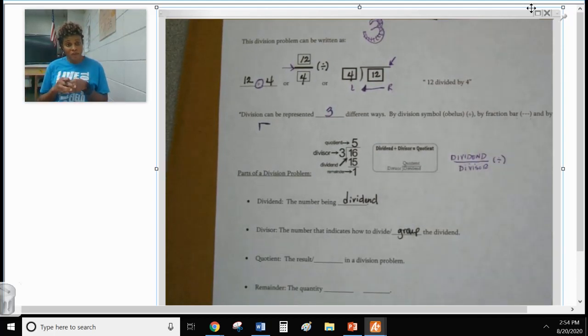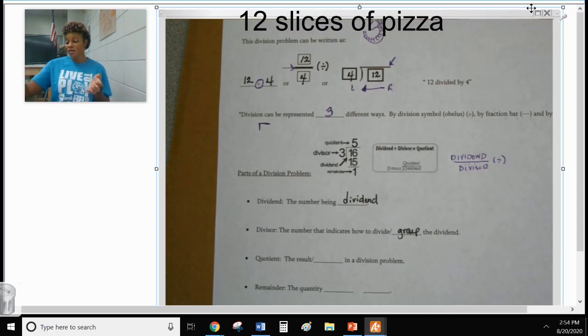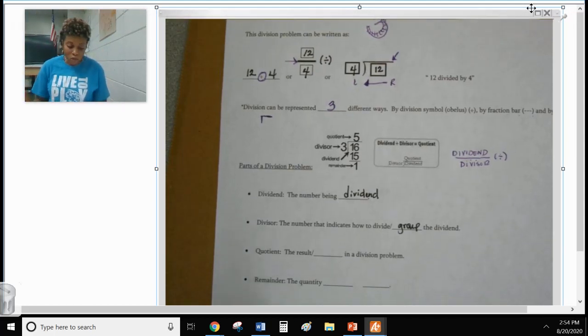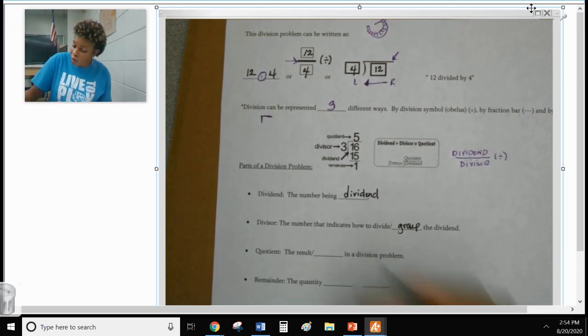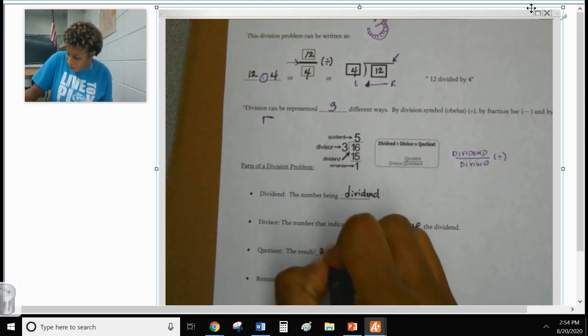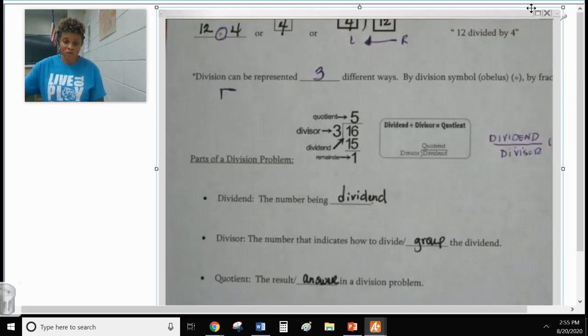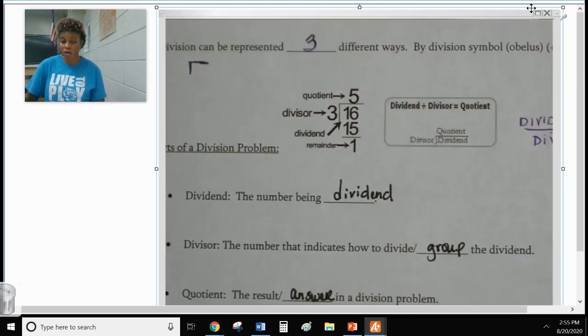So when we talked about the family, I have 4 members of the family. Those were my divisors. So I had to take those 12 slices of pizza and divide it among 4 people. That's my divisor. Quotient is the result or the answer. The answer in a division problem is called a quotient.